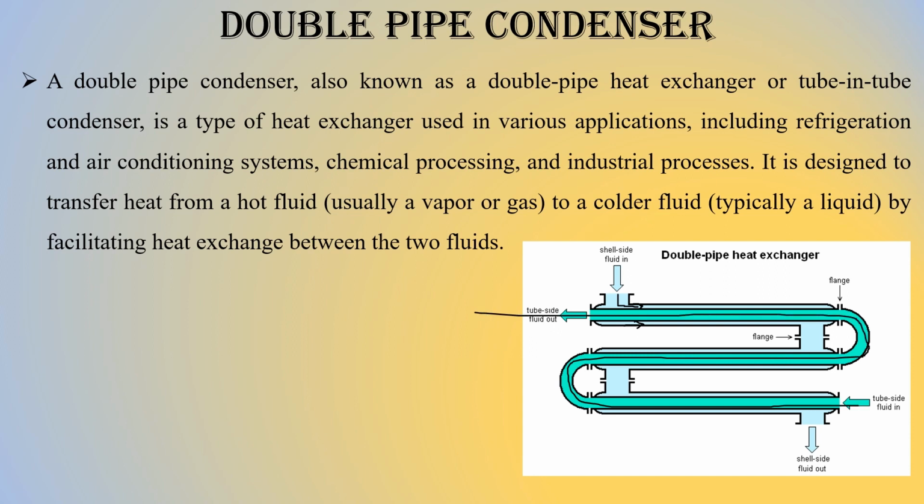This time the refrigerant is in the tube and the water is in the shell. The same process, the same working, and the same output. So no need of explaining, I think you can get it. So we will go to the working only.